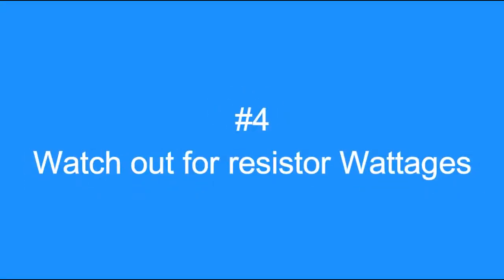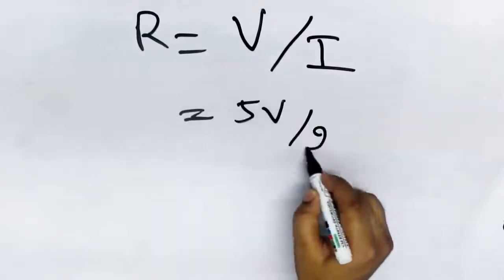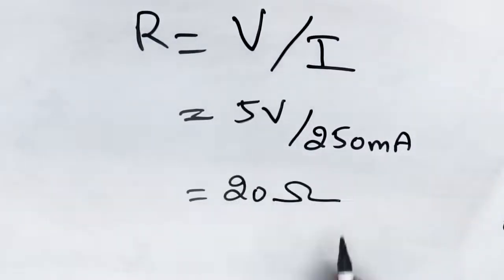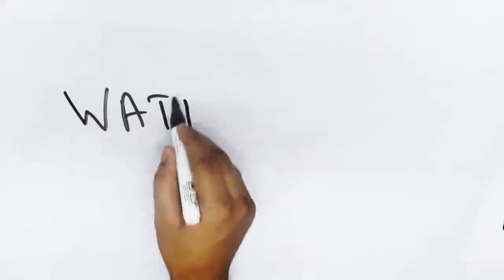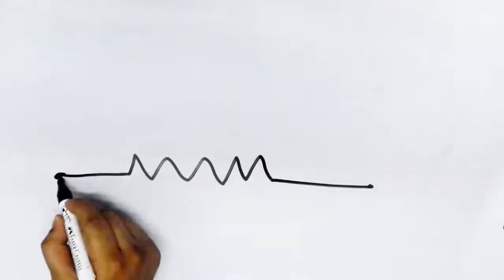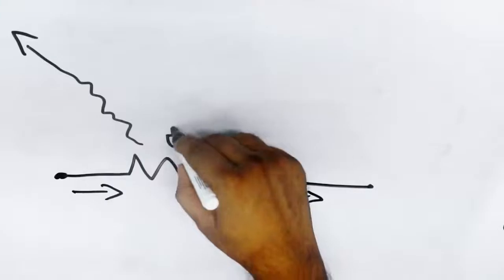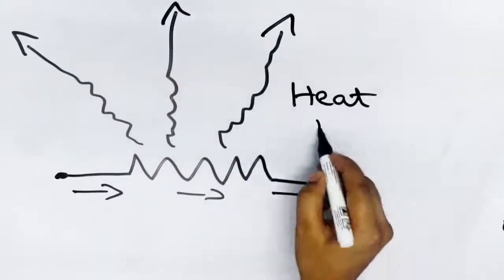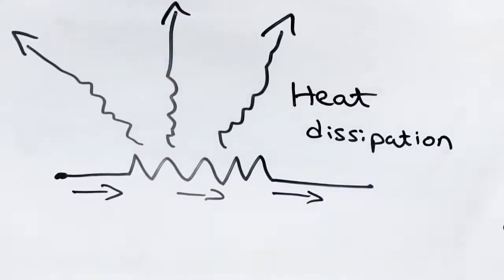Tip number 4. Watch out for resistor wattage. Almost every designer puts a good amount of time to figure out the resistor values that go into their circuit, but wattage rating is often ignored. Wattage rating of a resistor means the maximum amount of power a resistor can safely dissipate in the form of heat.